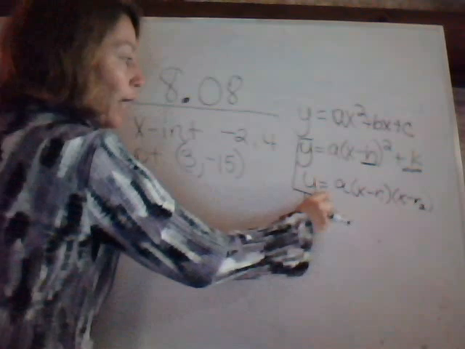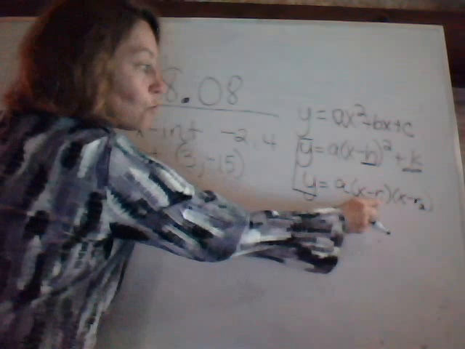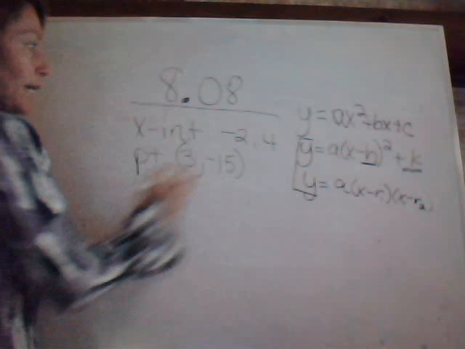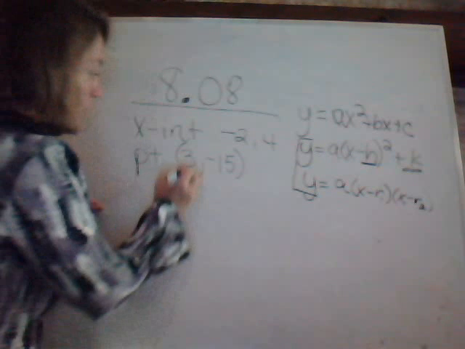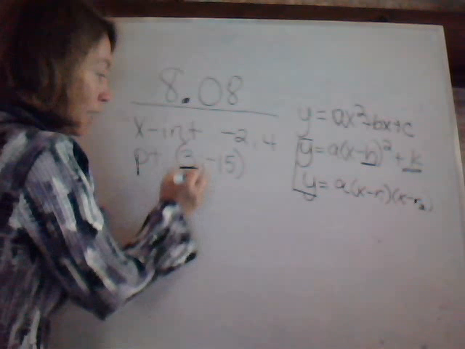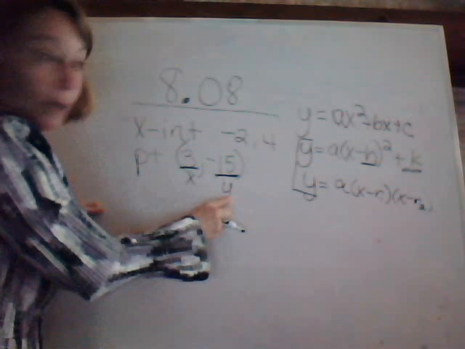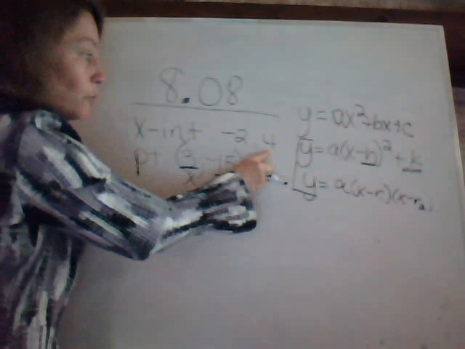So I'm going to take y equals a times x minus root 1 times x minus root 2, and plug in all my information. This point is a point on the quadratic, and that's an x and that's a y value. These are my two roots, so they're going to go in for the two roots.